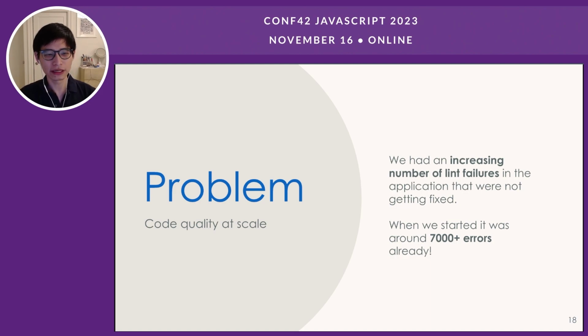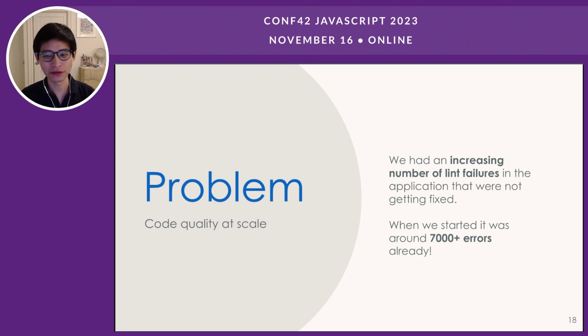So really, the problem with code quality at scale is that we needed lint rules to enforce all of these rules, but we were just increasing the number of failures throughout the application that never got fixed. I think at our peak, we had over 7,000 errors in the application, just hanging out there in various files.